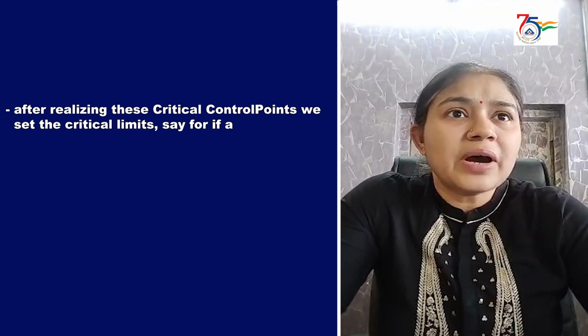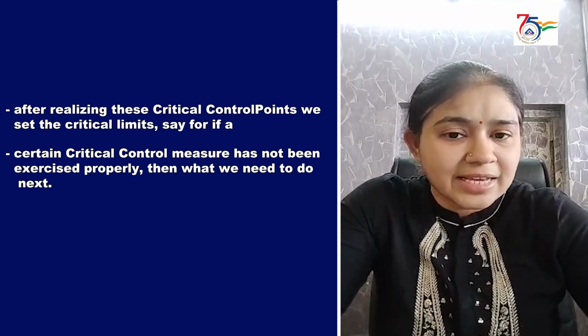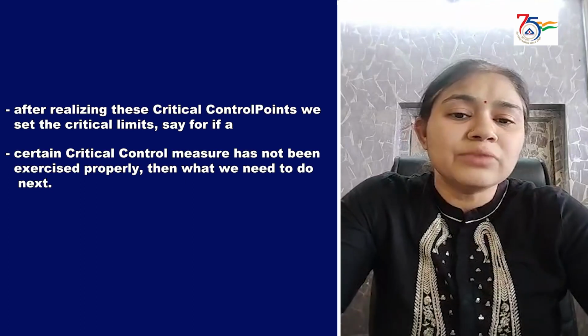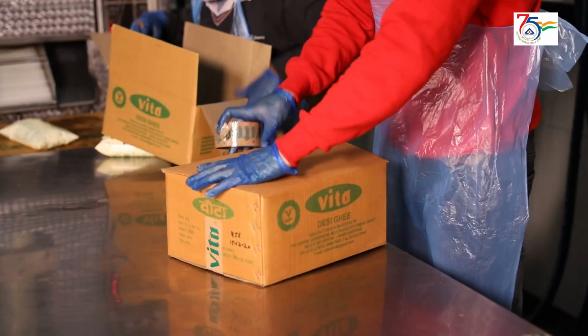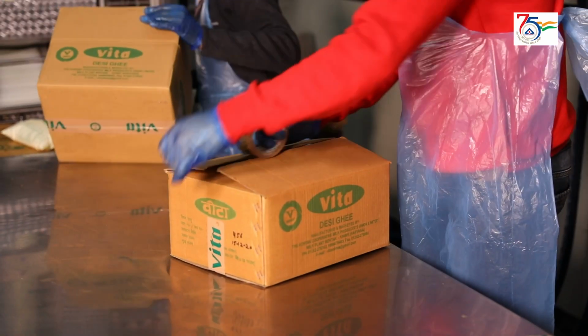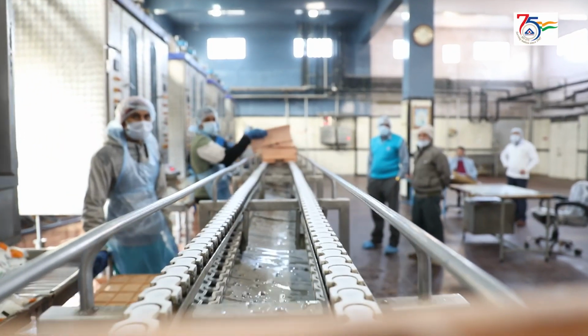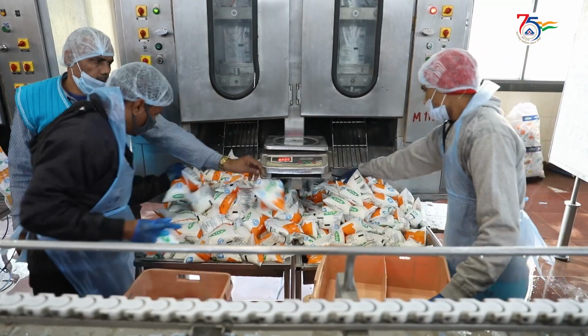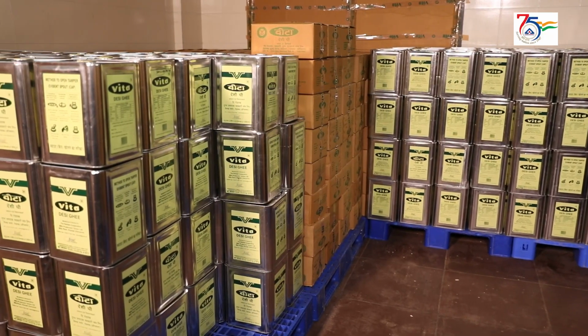Say a certain critical control measure has not been exercised properly, what do we need to do next? In the milk industry, we have identified pasteurization and storage as our critical control points, and we have set certain limits. For pasteurization, if the temperature is not attained, then we go for reprocessing of milk.